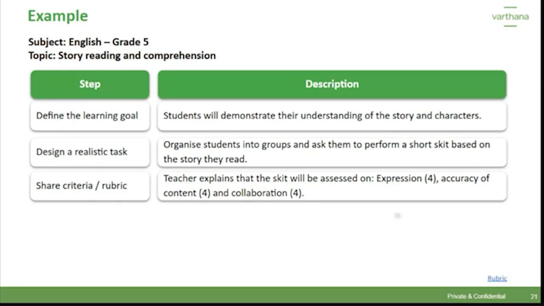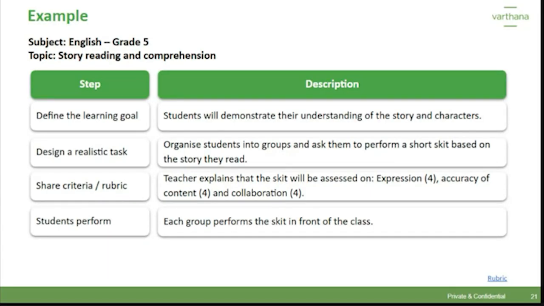So here we can assess the skills and knowledge of the student based on certain criteria: expression, accuracy of content, and collaboration. And we can give them certain marks here. We can see that the marks are 4 for expression, 4 for accuracy of content, and 4 for collaboration.